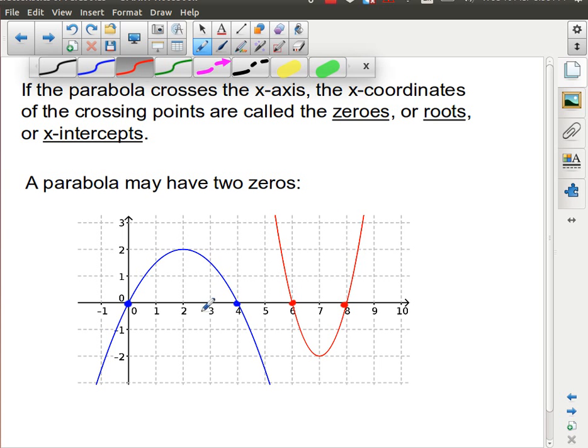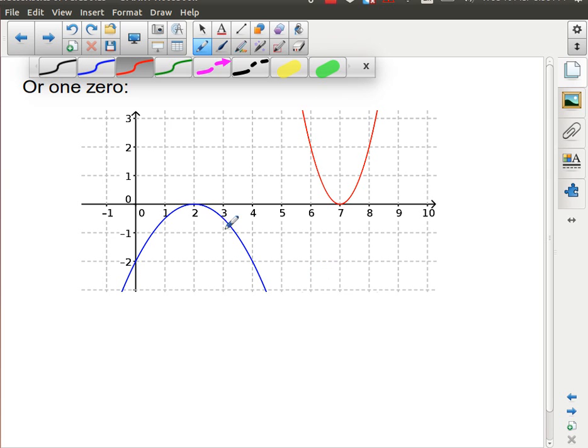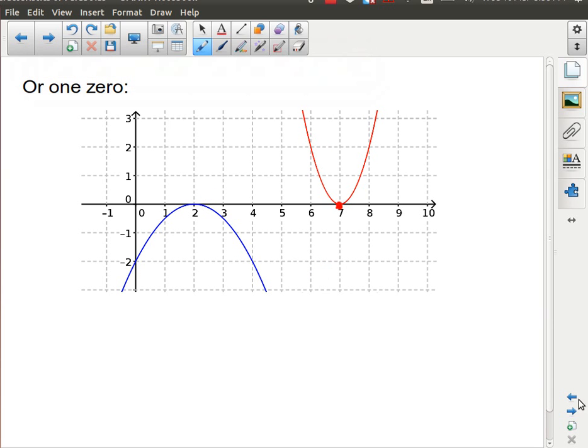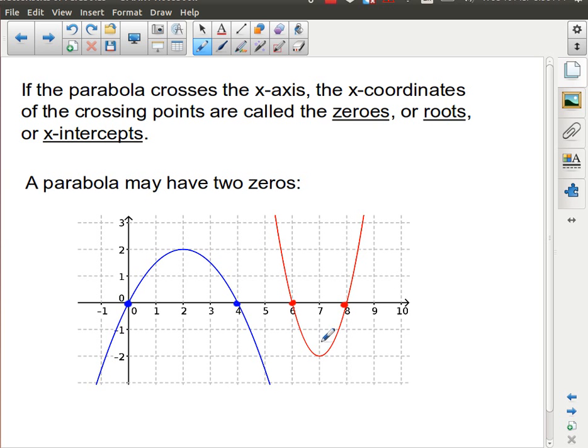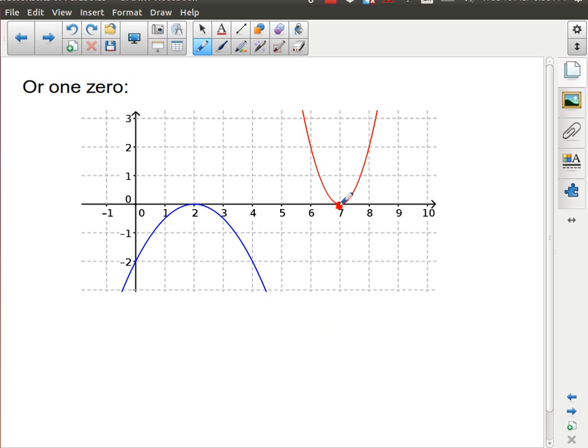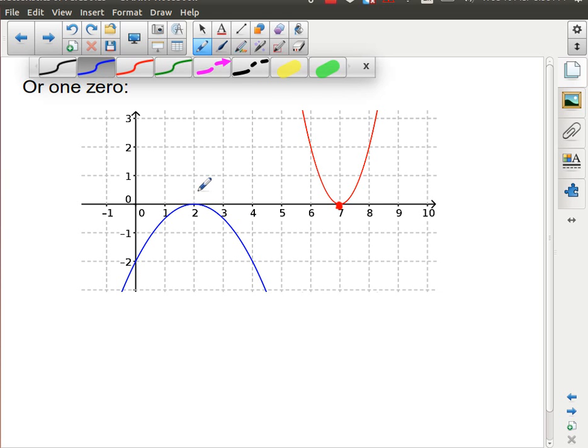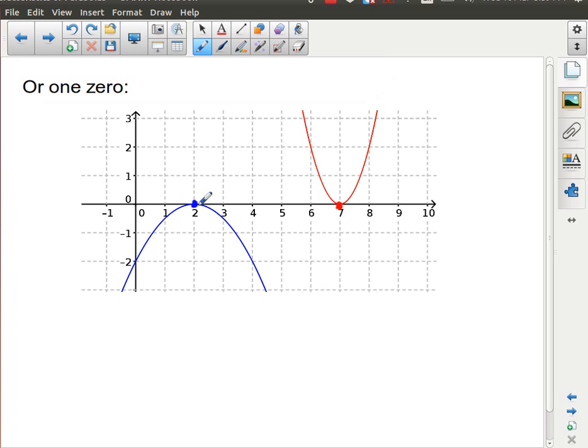And so if that happened, we would get to the situation where we only have 1 zero. So you can see I've done that using my graphing software. I've taken the red parabola and I shifted it up until only the vertex was touching. And I took my blue parabola and I shifted it down until only the vertex was touching. So now we only have 1 zero for each of these parabolas.